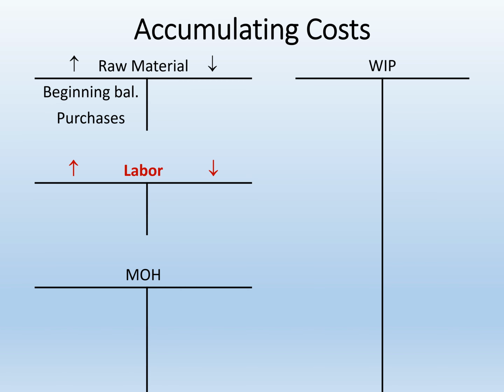You can think of this labor account as sort of a temporary asset. You'll never see it on external financial reports because labor is created and used at the same time.